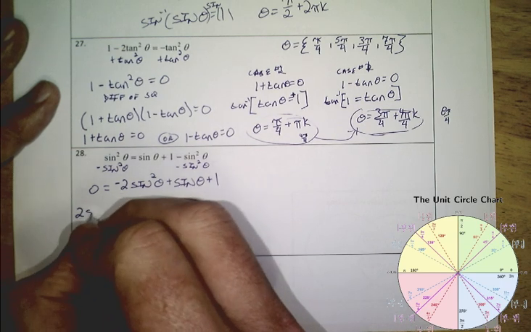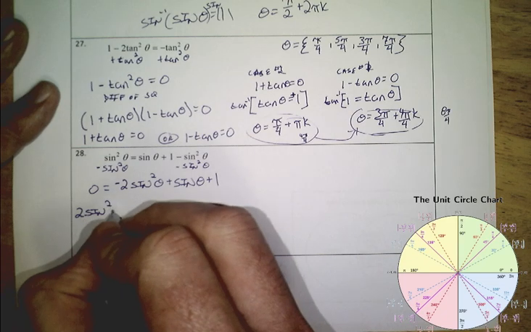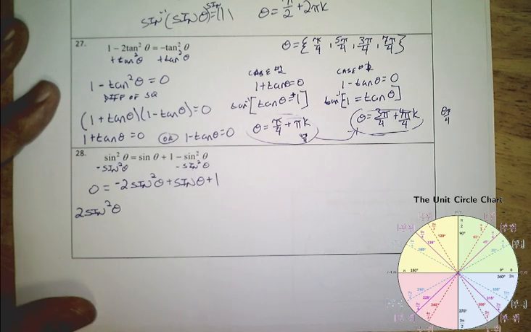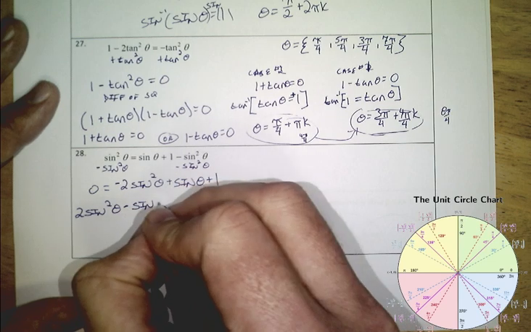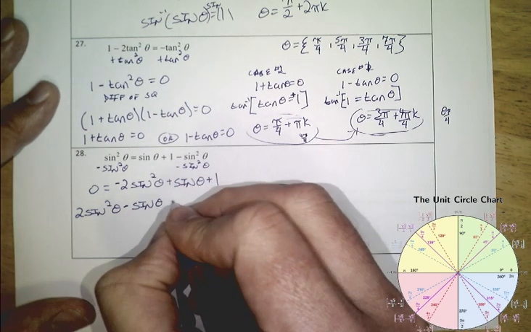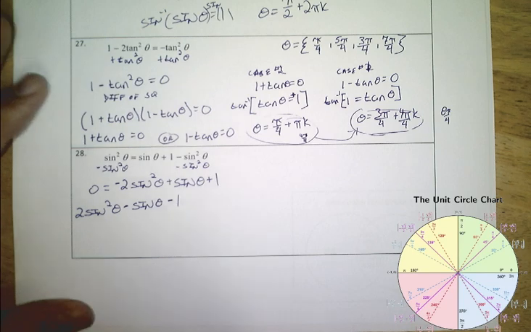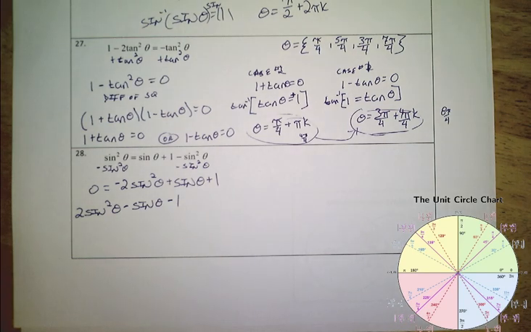So let's make this 2 sine squared theta minus sine theta minus 1 is equal to 0.